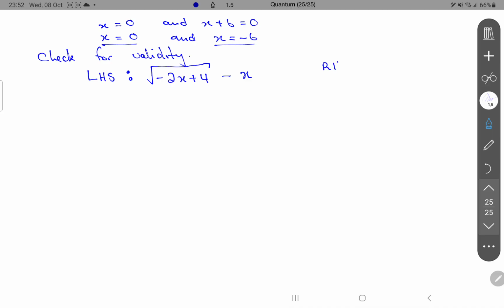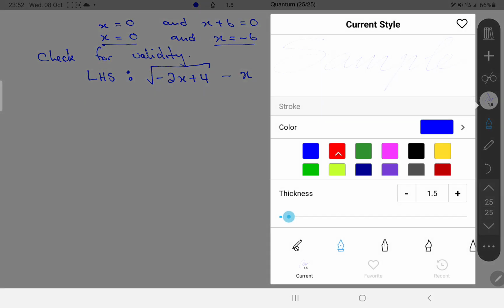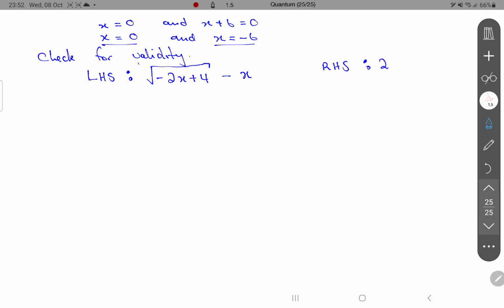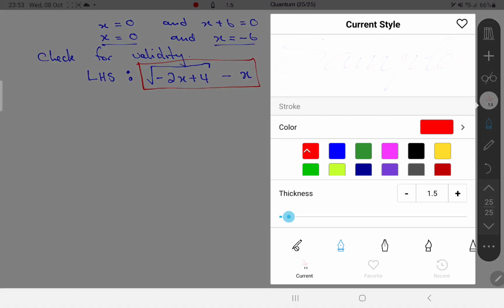Now, the right-hand side is going to be 2. So we are going to compare the left-hand side versus the right-hand side.